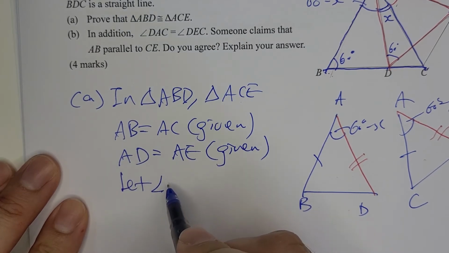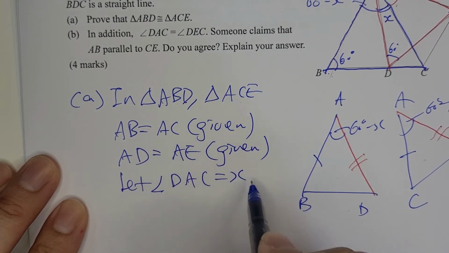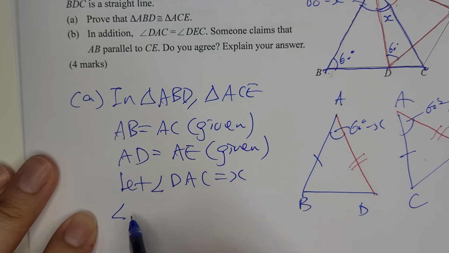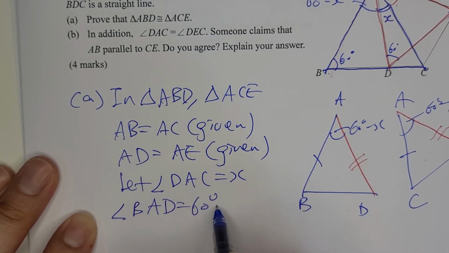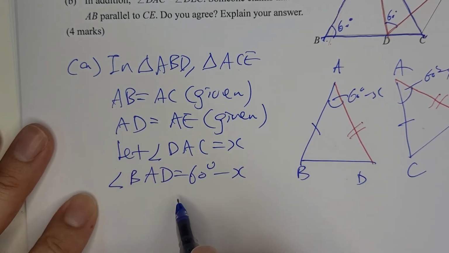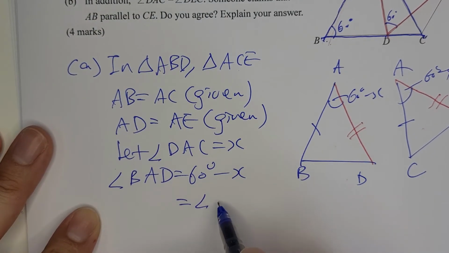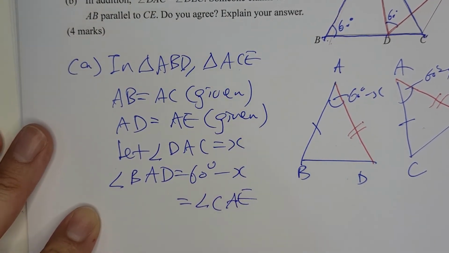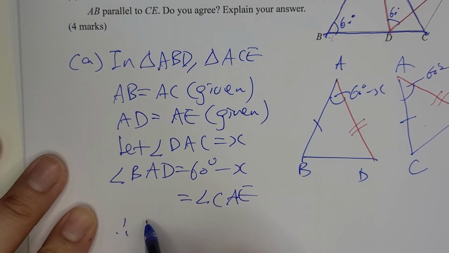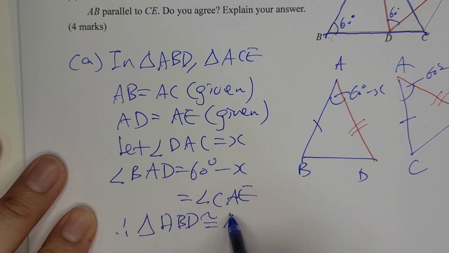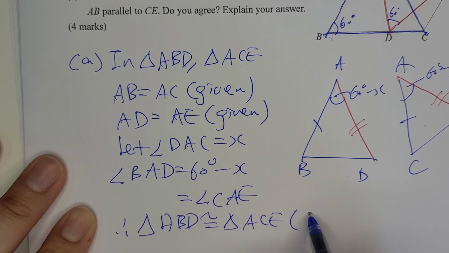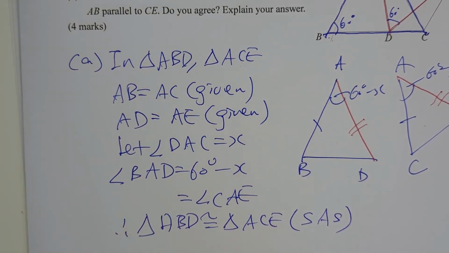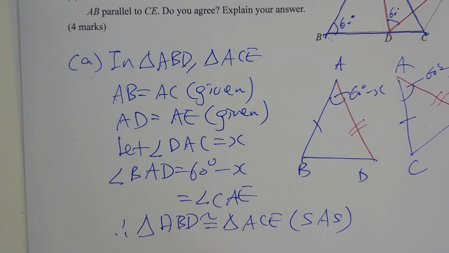Let angle DAC equal X. Then angle BAD would be 60 degrees minus X, and also equals angle CAE. Therefore, triangle ABD is congruent to triangle ACE, reason SAS. Okay, so we finished this one.